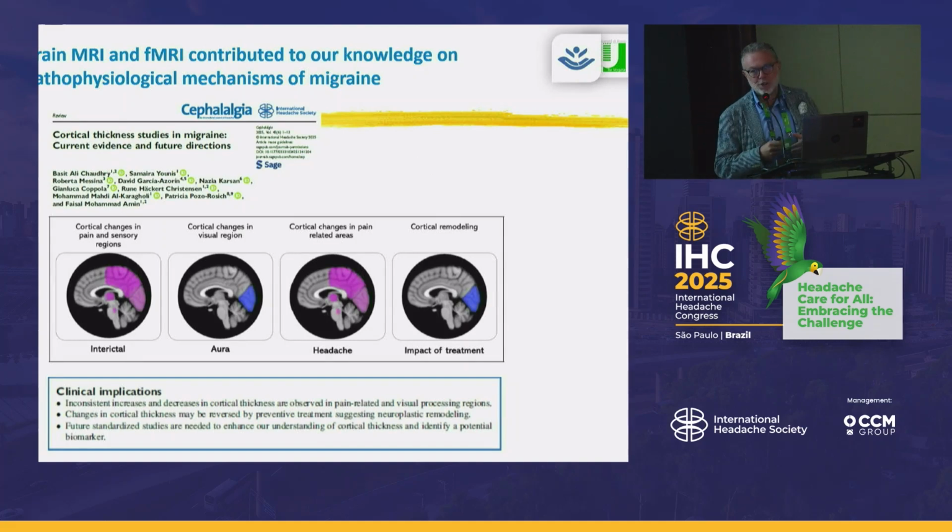I saw that in this session there were practically all studies about the use of magnetic resonance imaging to study the pathophysiology of migraine and provide biomarkers. So all of you are quite aware of the potential of this technique, of the updated methodologies of MRI, in increasing our knowledge about migraine pathophysiology.